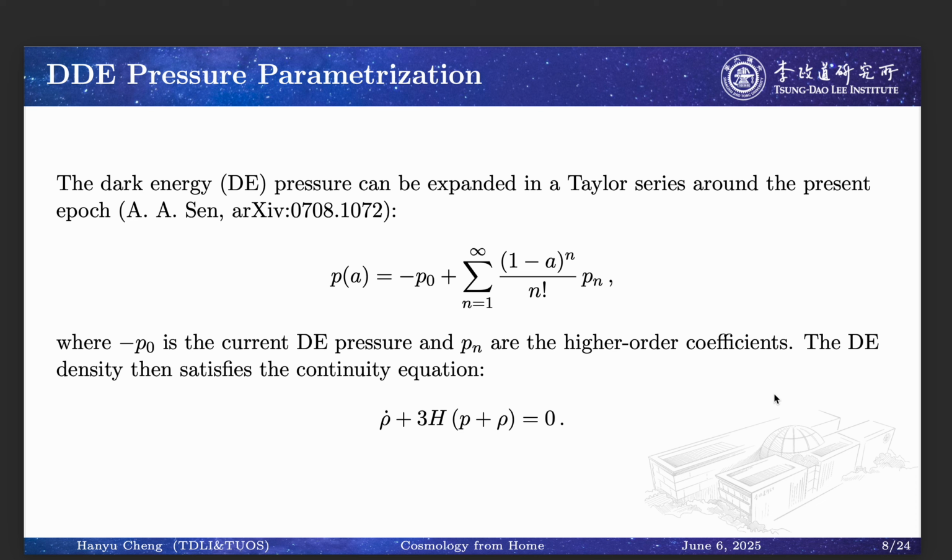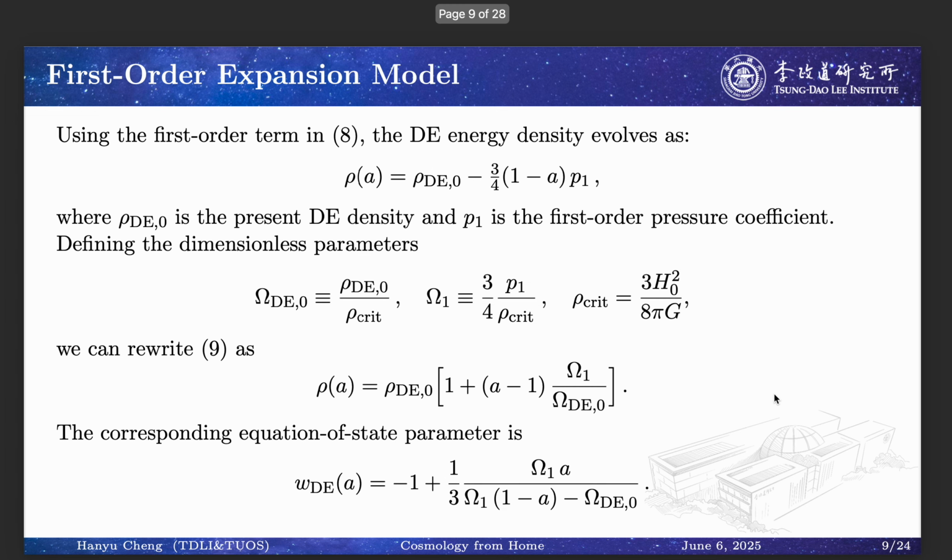Here you can see the formula for the pressure parameterization is a Taylor expansion for the present pressure value, and we consider first order first, and then we extend it to the second order expansion. If we know this pressure formula, we can input it into the continuity equation, then we can get the energy density formula for the dark energy.